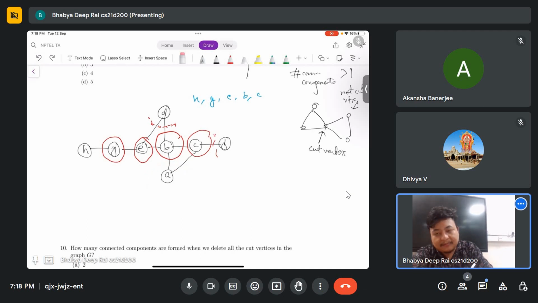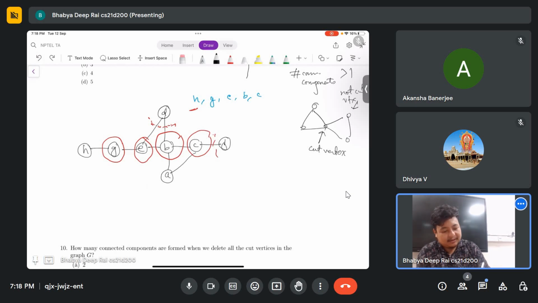Akansha, you had said H also, right? All the others were fine, but if I remove H, this is what I get, and the graph is still connected. It is not getting disconnected.